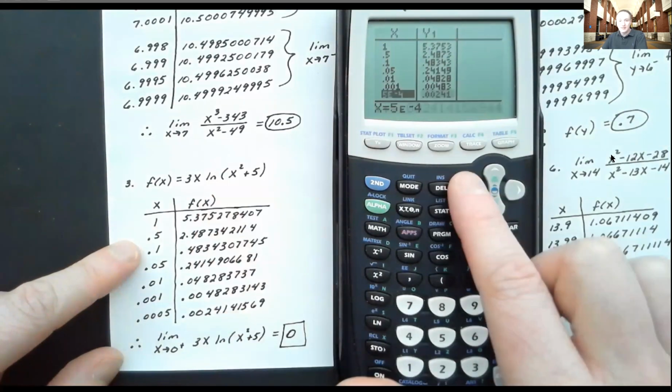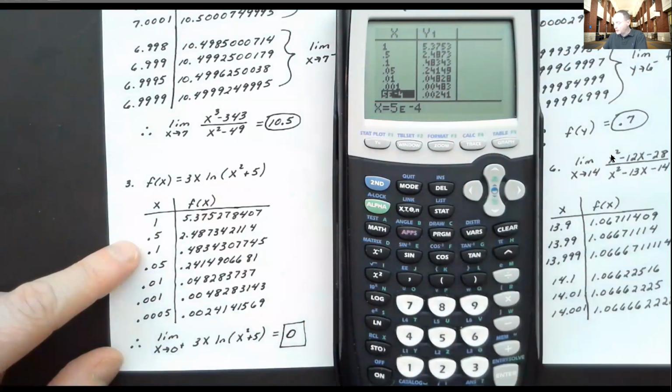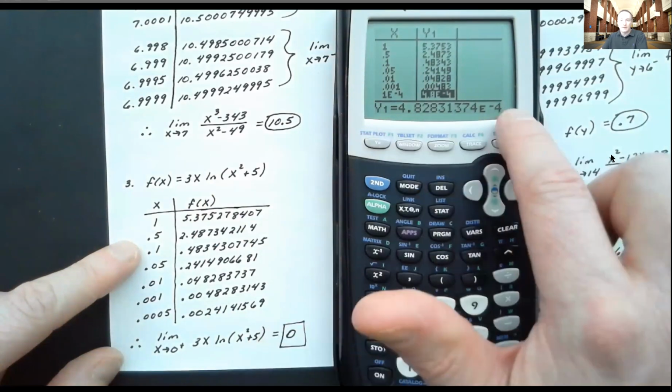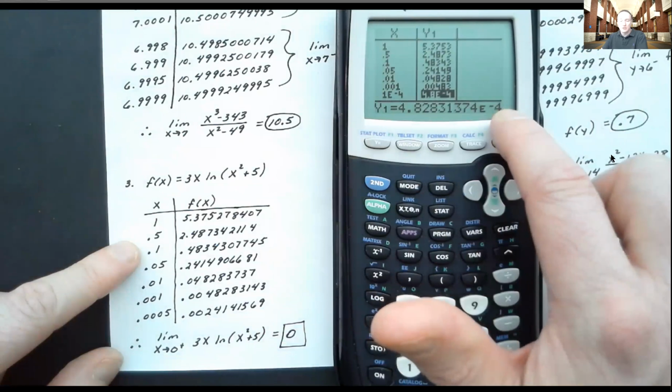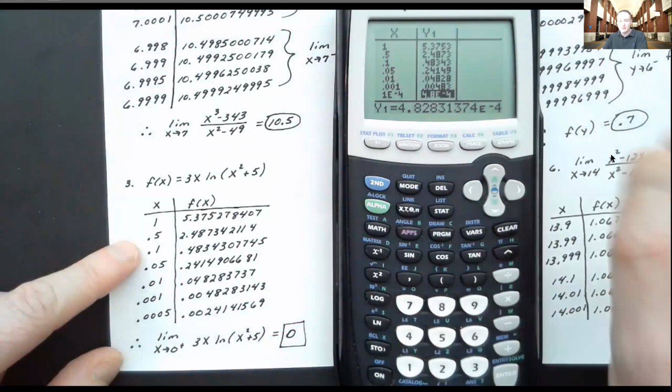Really, in order to see it, instead of 0.0005, you might want to go 0.0001. And notice the y value at that point, it's so small the calculator had to put it in scientific notation. It's 0.0004828.